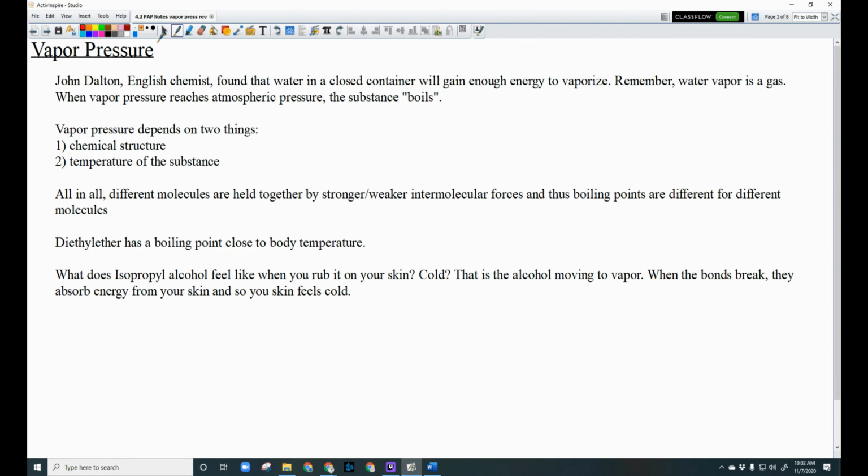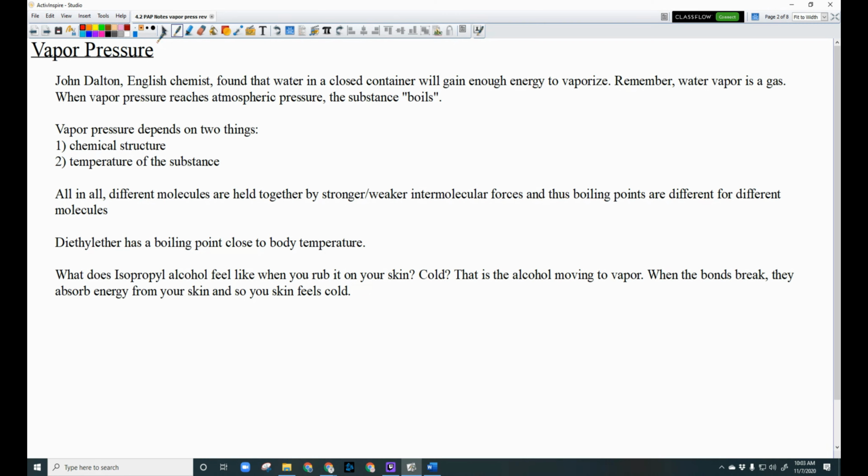For example, diethyl ether has a boiling point that's really close to human body temperature. So when it reaches that temperature, then it vaporizes. And we've all had experience with isopropyl alcohol, that's rubbing alcohol. If you're going to get a shot or an injection and the nurse rubs that alcohol on your skin, what does that feel like?